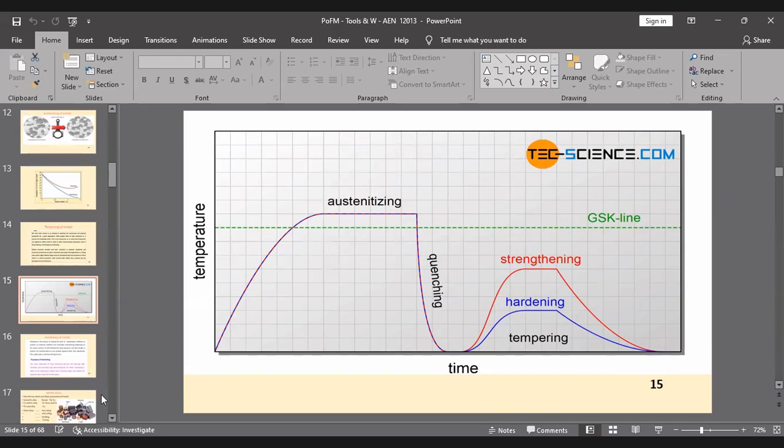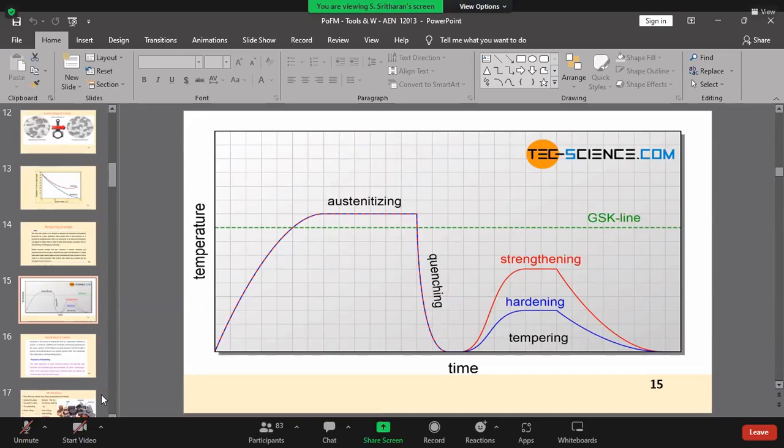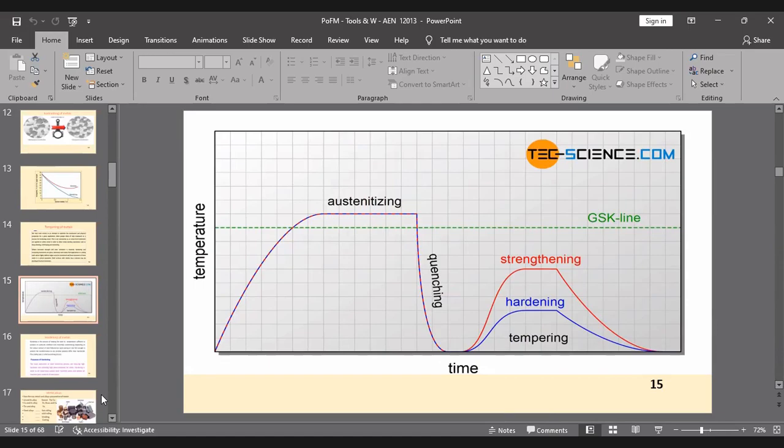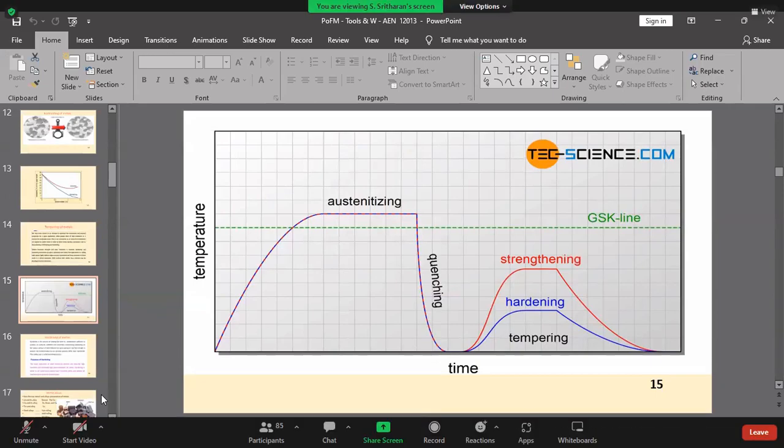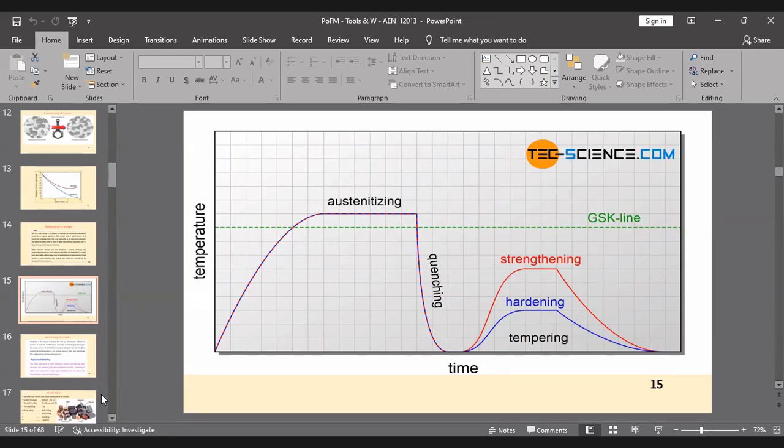So austenitizing, making a certain level of temperature for a certain time, and then sudden cooling, that is quenching, and then you can have strengthening, hardening, and tempering. Finally, you get different types of product with different properties. That is the meaning.